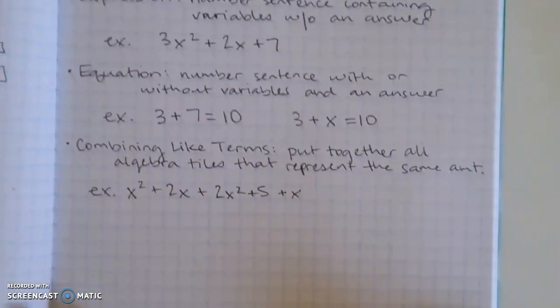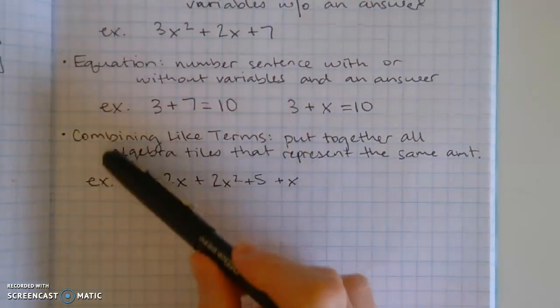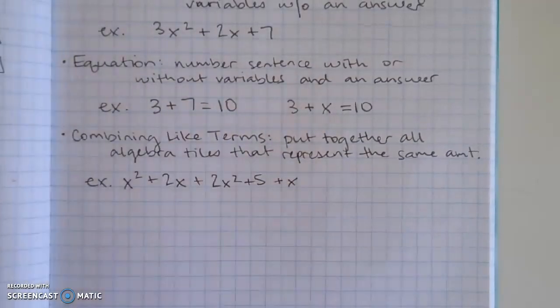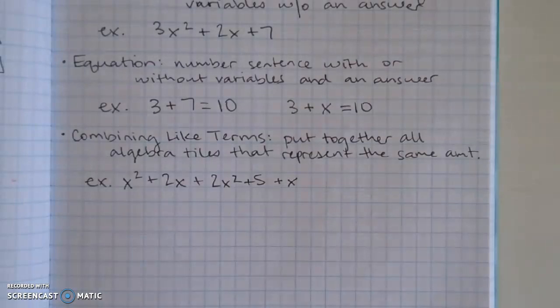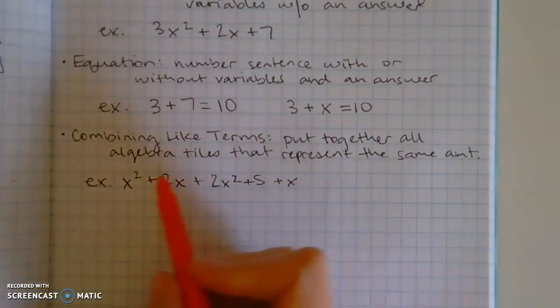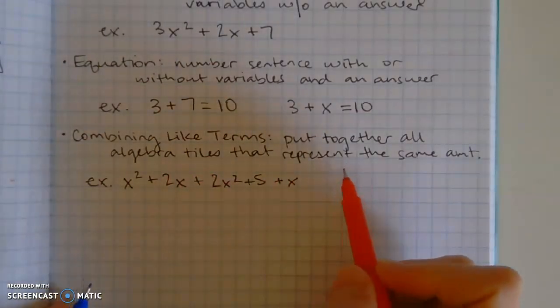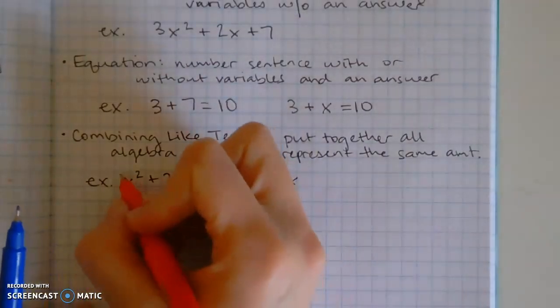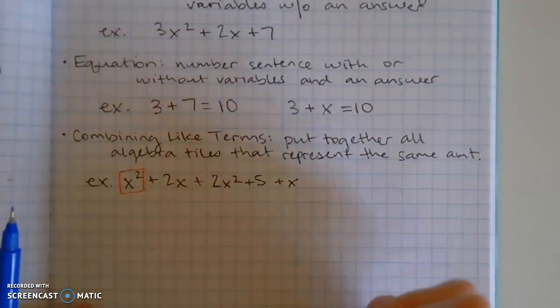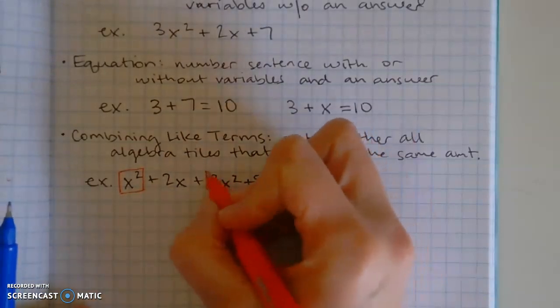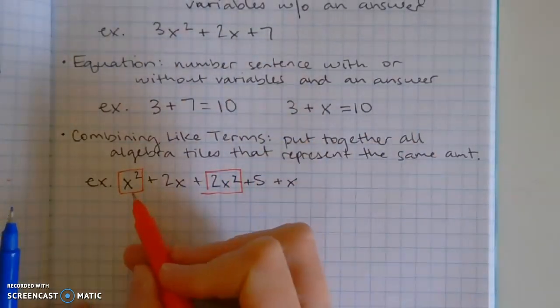Now I'm combining like terms, so I'm going to put together the things that need to go together. I'm going to underline some things in different colors so I can have them all together, because I want to combine all the same algebra tiles representing the same amount. I'm going to box or highlight all the x squared and count up how many I have.